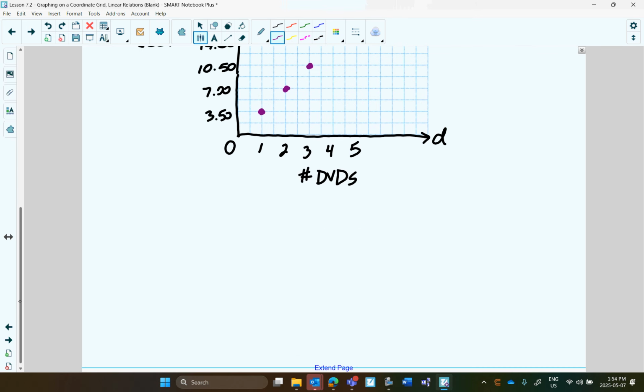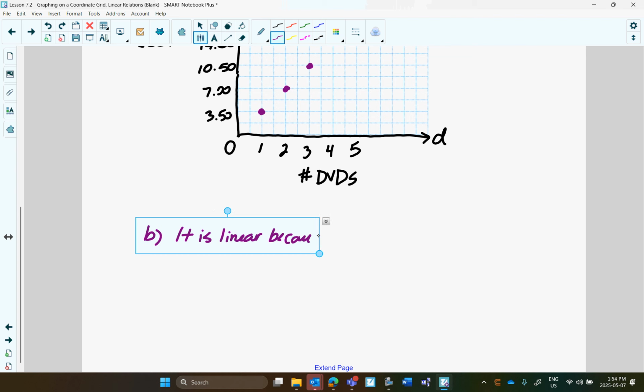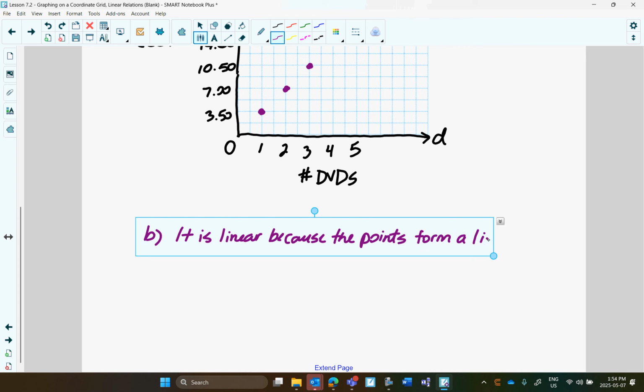So we would say it is linear because the points form a line. If the points didn't form a line, then we couldn't say that it's linear. Okay.